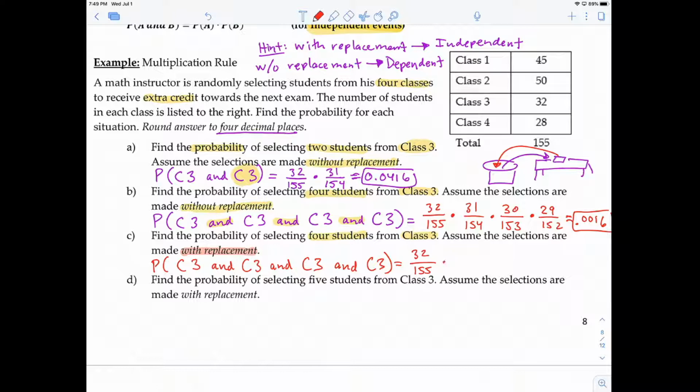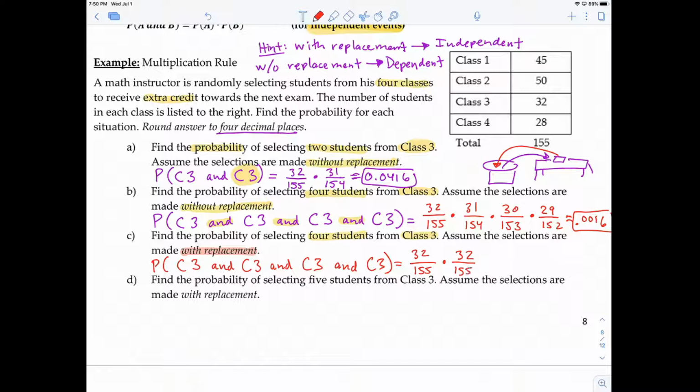So now how does that change the second probability? It doesn't. What's the probability that the second student is from class 3? Well, it doesn't change anything. There's still 32 different ways we can select a student from class 3, because the first name we took out, we put it back in. So the number of names in class 3 and the number of names total, 155, doesn't change.